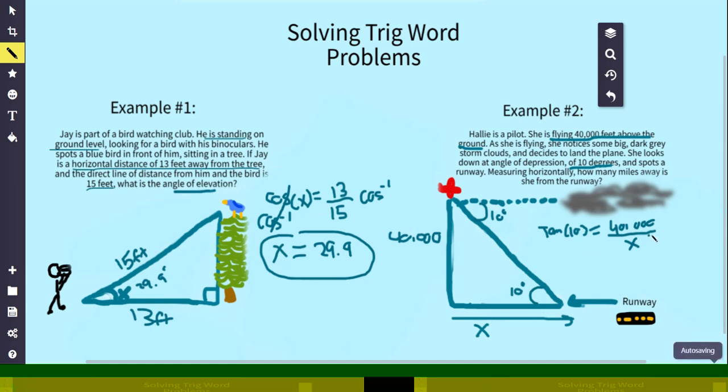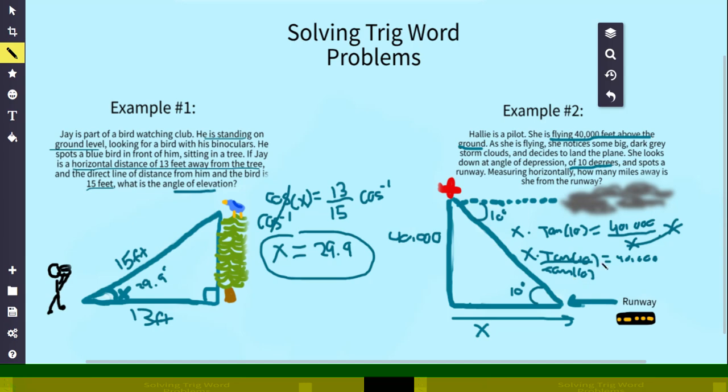Now we can just solve. Because x is on the bottom, we have to multiply both sides by x. So we have x times tangent of 10 equals 40,000. Now to get x by itself, we want to divide by tangent of 10 on both sides.